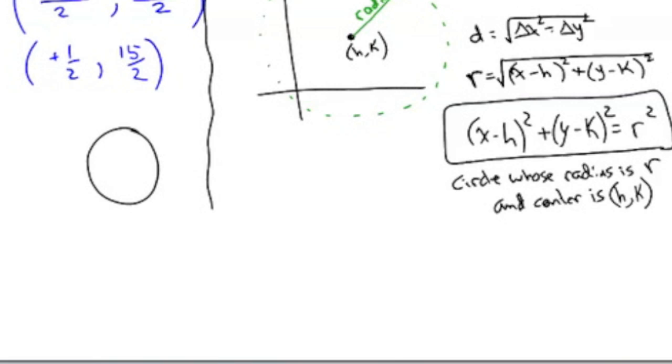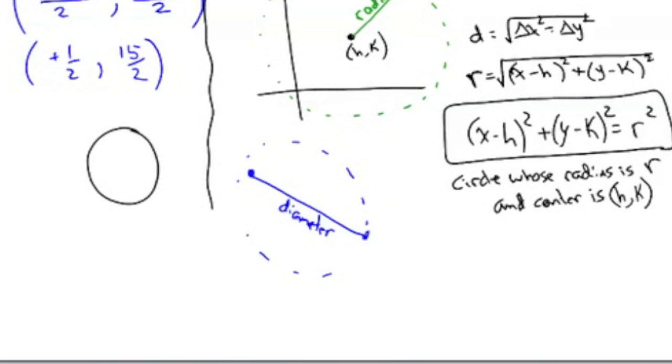One little hint. On your homework, you're going to be given 2 points on a diameter, and I want you to find the equation of a circle. So if this is a diameter of the circle going like this, how do I find the equation of the circle? What do I need? I need a radius, and I need the center.